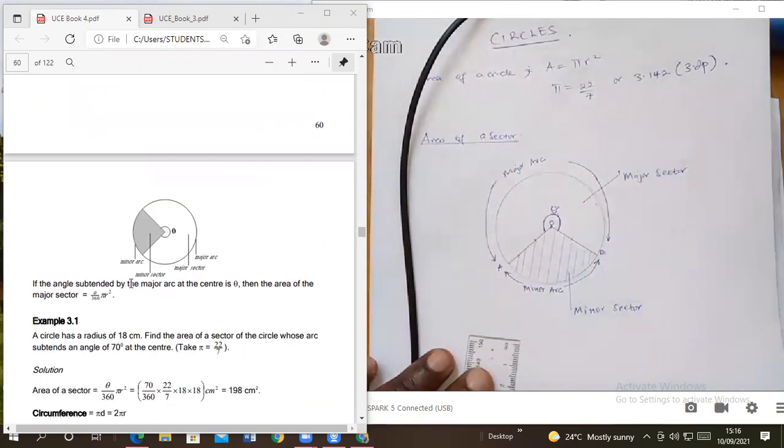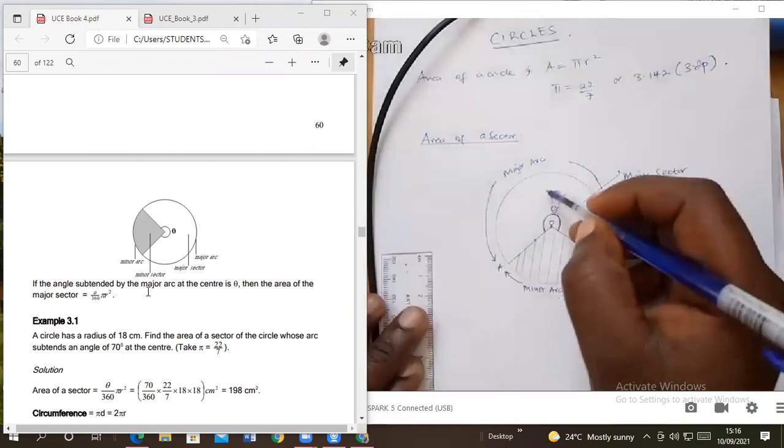So if an angle theta is subtended by the major arc at the center O, then the area of the major sector is given by theta over 360 times pi r squared. What are they saying?